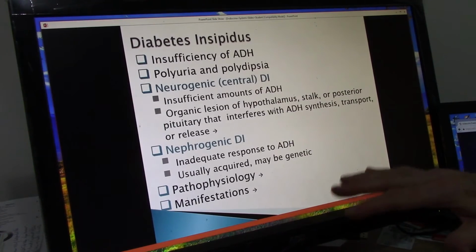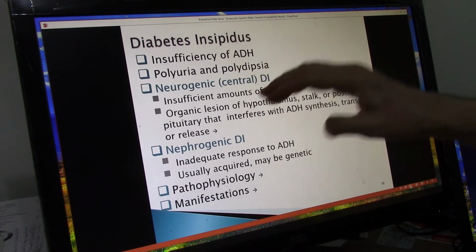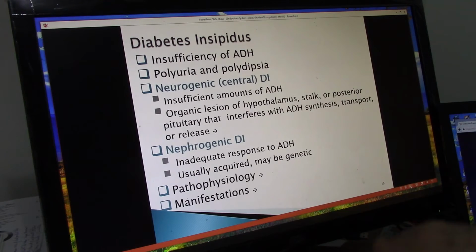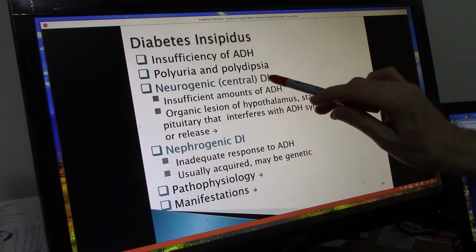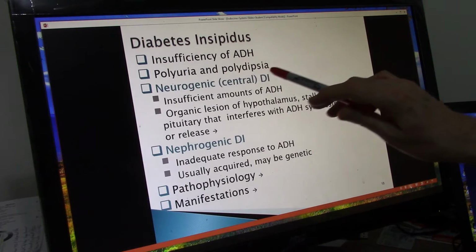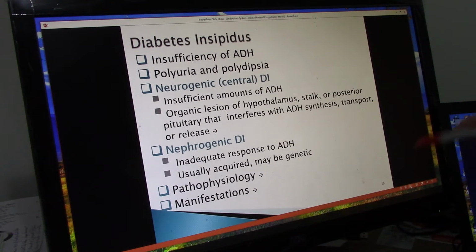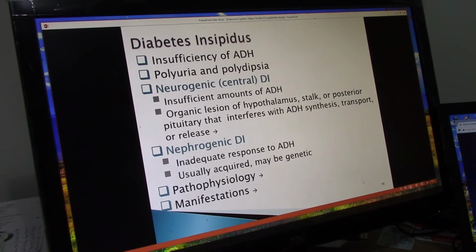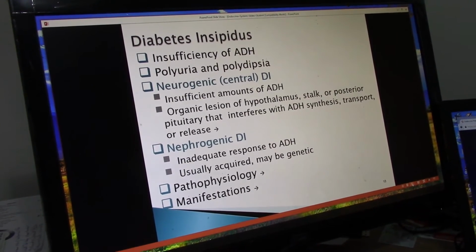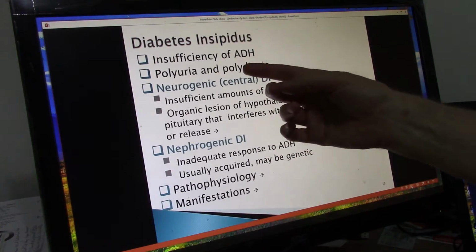Now, just the opposite of SIADH is diabetes insipidus, and this is too little ADH. The two classic signs of this are polyuria and polydipsia, or unquenchable thirst. The reason for that, of course, is they're just urinating out the water, so they have a constant desire for thirst.